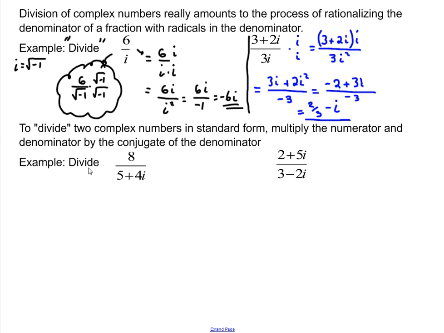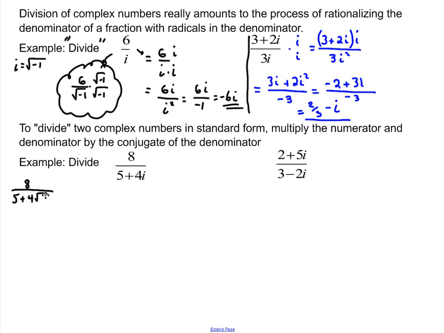All right, but let's talk about something that's really a little bit more convincingly hard for many people because they have trouble picturing it. When we quote unquote divide two complex numbers in standard form, what we're really doing is multiplying the numerator and denominator by the conjugate of the denominator. And again, picture the situation if this were involving the radical form of i, which is to say 5 plus 4 times the square root of negative 1.